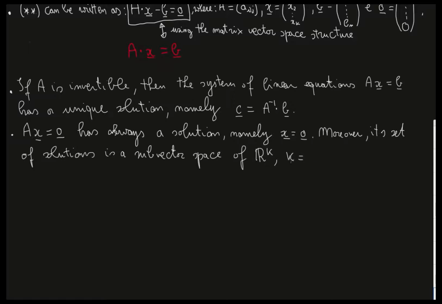Here we are assuming k is the number of unknowns of this linear system, which is the length of the vector X. So how does one prove that? Well, suppose we have two solutions. Let C1 and C2 be two solutions.